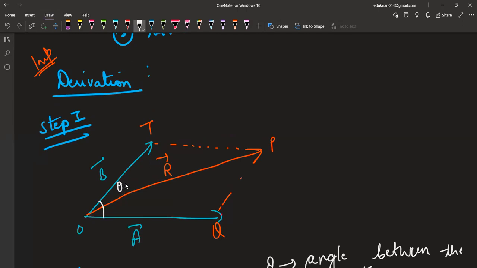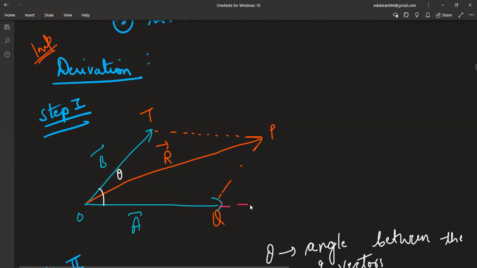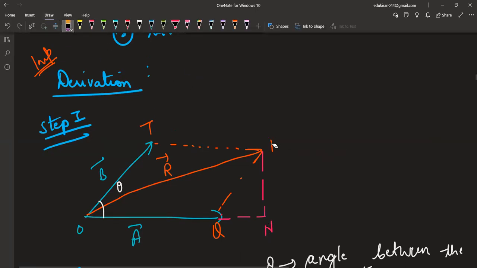I'll tell you why I am focusing so much on this theta. Just for the derivation purpose, we'll extend this and do some construction.